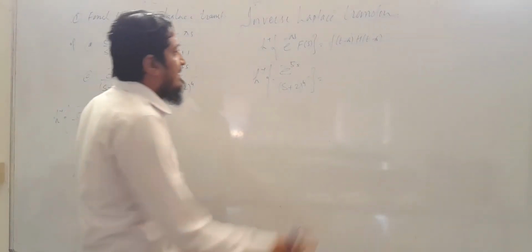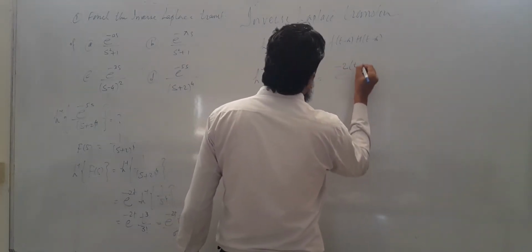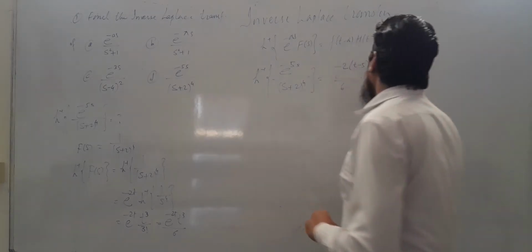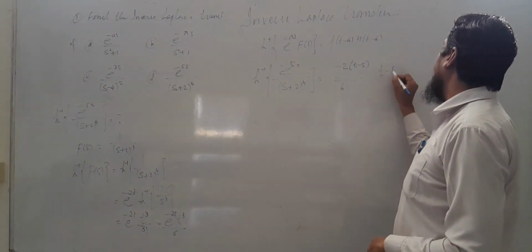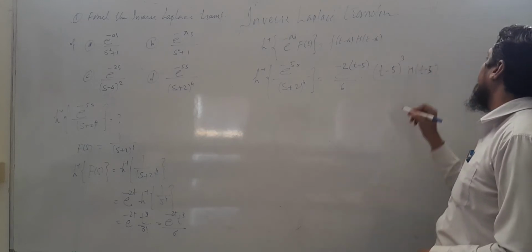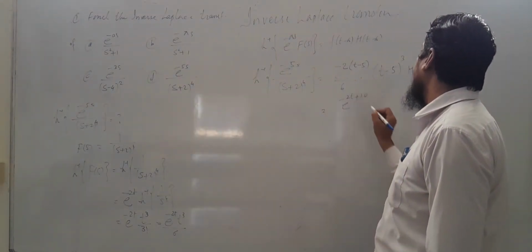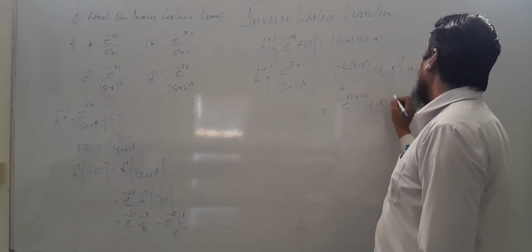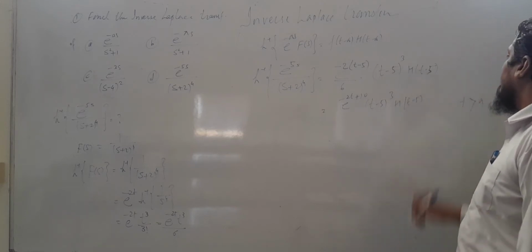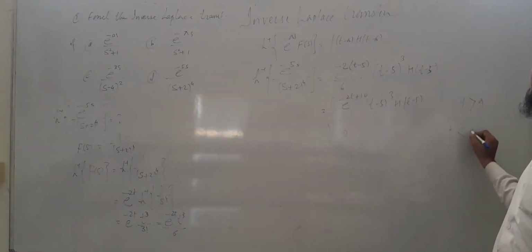We will see by using this term e raised to minus 2t minus 5 upon 6 into (t minus 5) raised to 3 h of t minus 5, and it will give us e raised to minus 2t plus 10 and (t minus 5), keep it as it is, h of t minus 5, whenever t is greater than or equal to 5 and equals to 0 whenever t is less than 5.